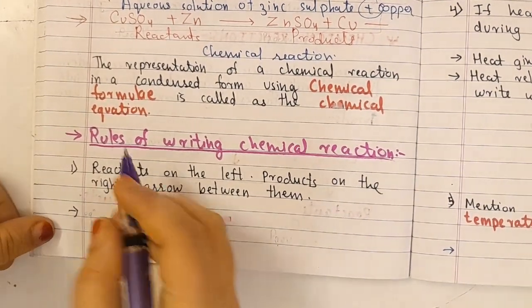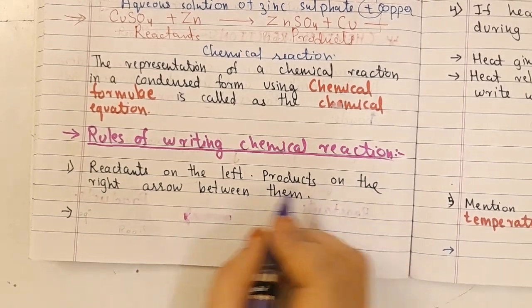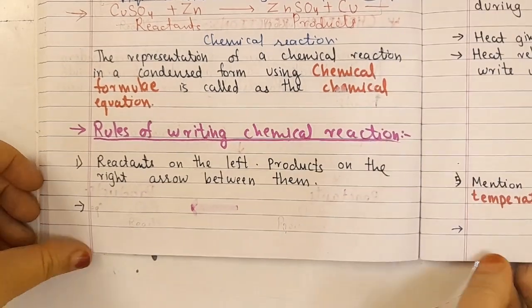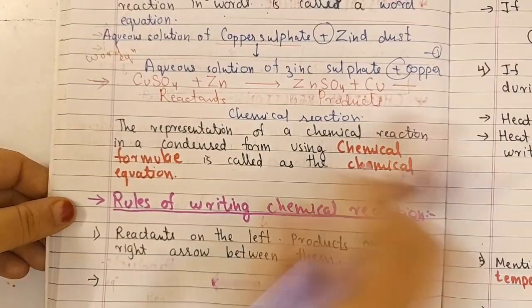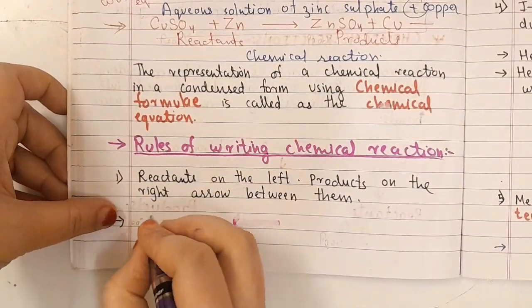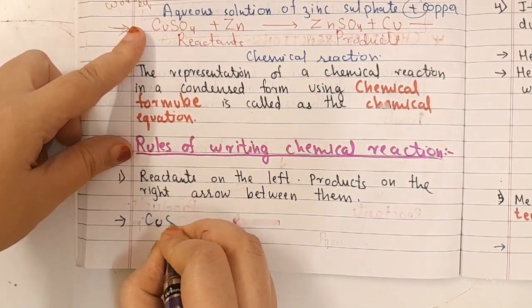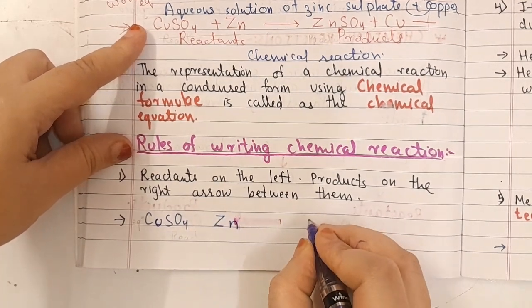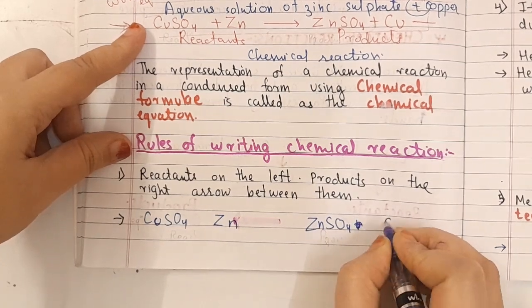The first rule: reactants on the left side and products on the right side, with an arrow between them. Like in this activity, we have copper sulfate and zinc, and then zinc sulfate and copper.